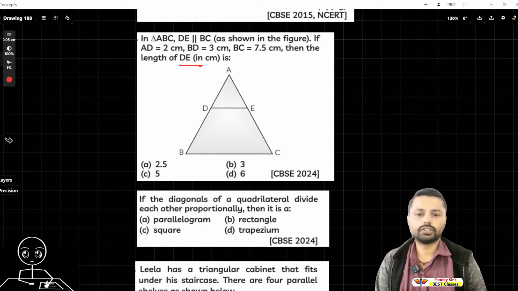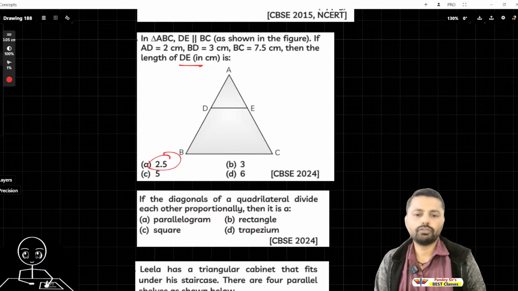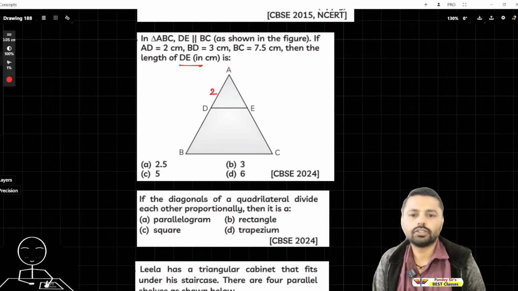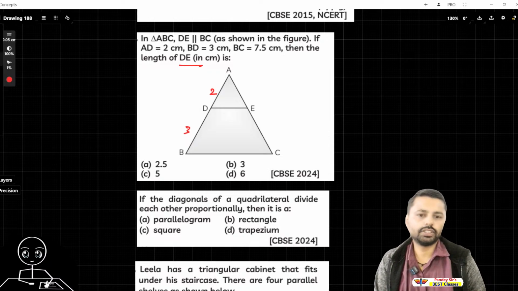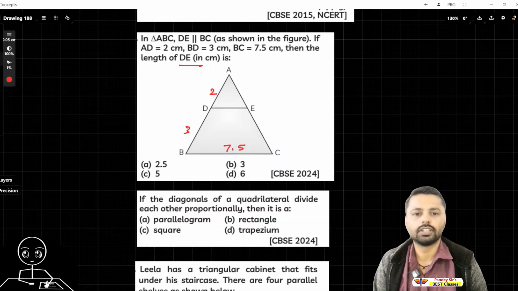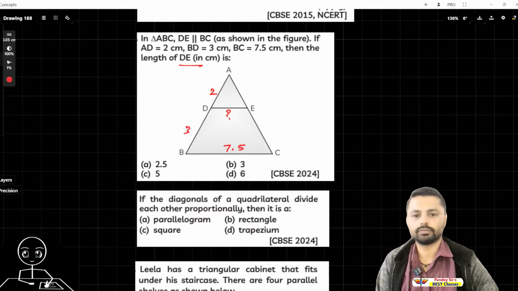Now, you have to guess which one. The options are 2.5, 3, 5, 6. So AD equal to 2, DB equal to 3, and BC equal to 7.5, and they are asking DE, so this is the question mark.